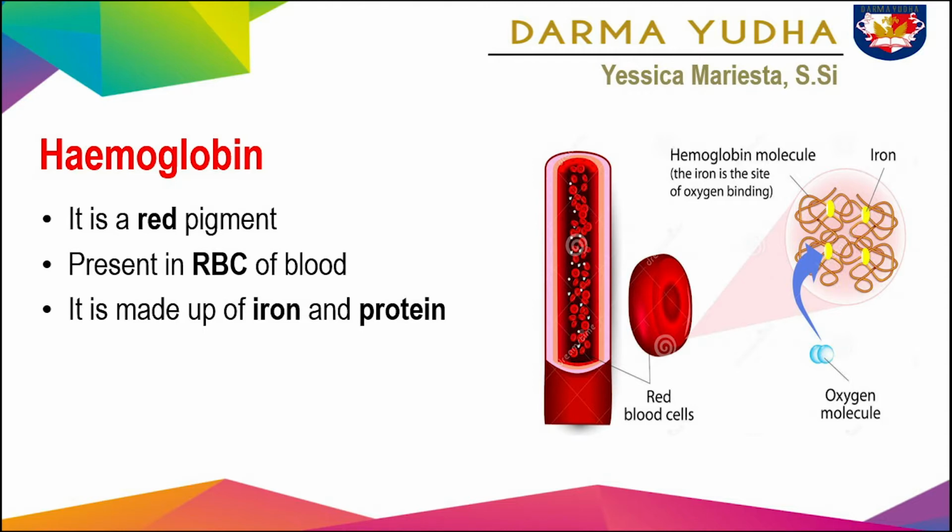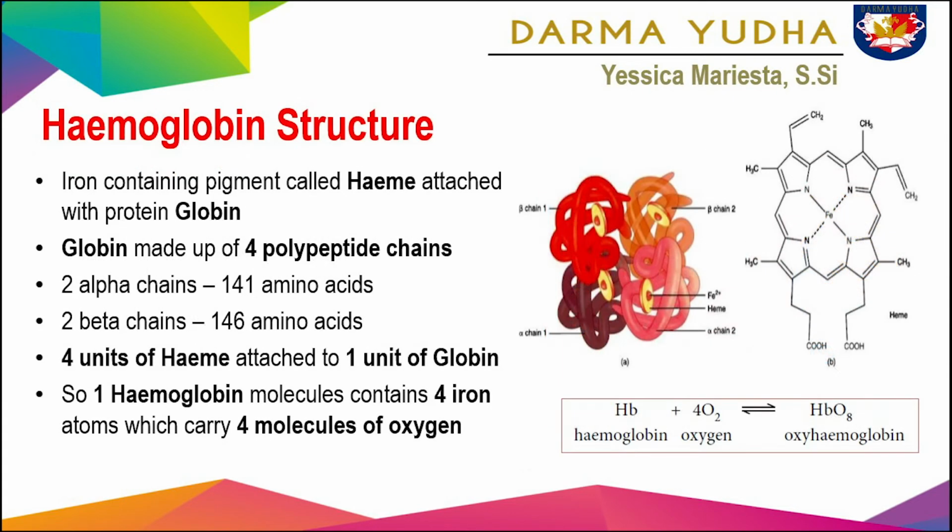So hemoglobin is a red pigment present in the red blood cells, and it is made out of iron and protein. Hemoglobin structure: I mentioned in the previous slide that hemoglobin is made up of iron and protein. The iron-containing pigment called heme is attached to the protein globin.